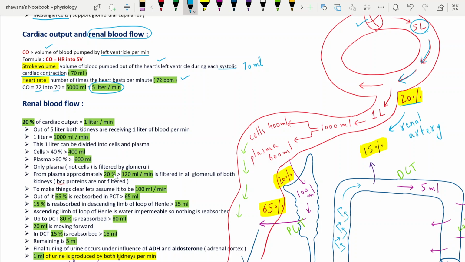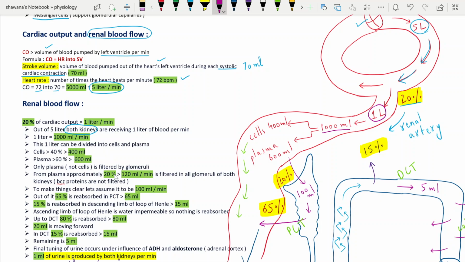From the 5 liters, 20% goes to both of the kidneys. In this diagram, we are discussing both the kidneys, not only one. So, 20% of 5 liters is 1 liter.